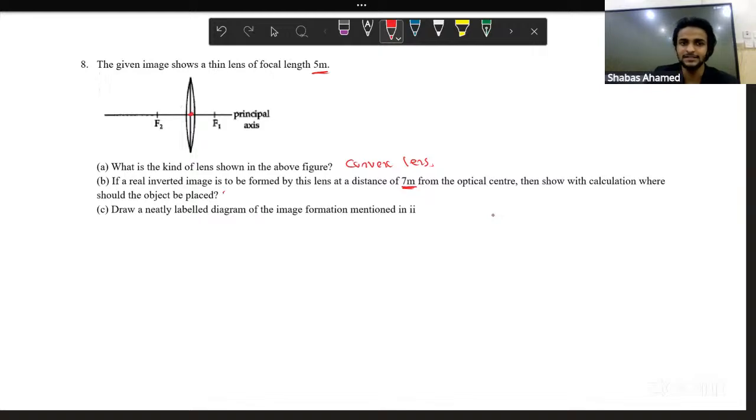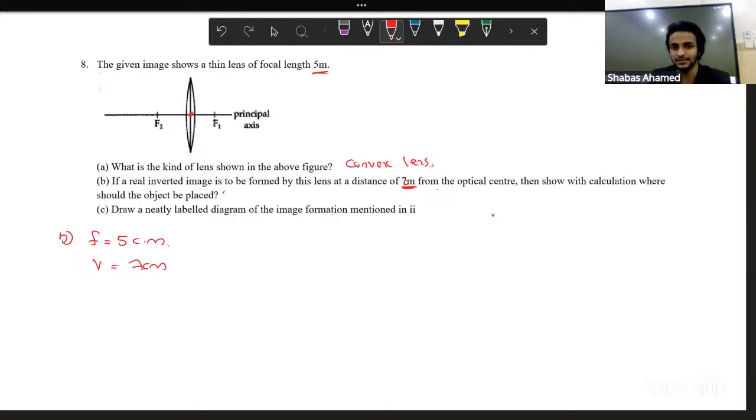In this question for part B, the focal length is given, that is 5 centimeter, and the image must be formed at 7 centimeter from the optical center. Actually, it is not 7 meter, it is 7 centimeter. That is a mistake in the question. So v is 7 centimeter, not meter.